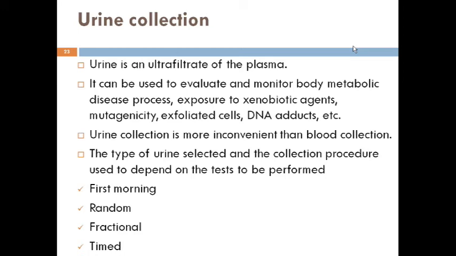It is mainly used to compare the concentration of analytes in the urine with the concentration of analytes in the blood. Midstream collection is mainly for the investigation of bladder disorders. So these are the different types of urine collections.